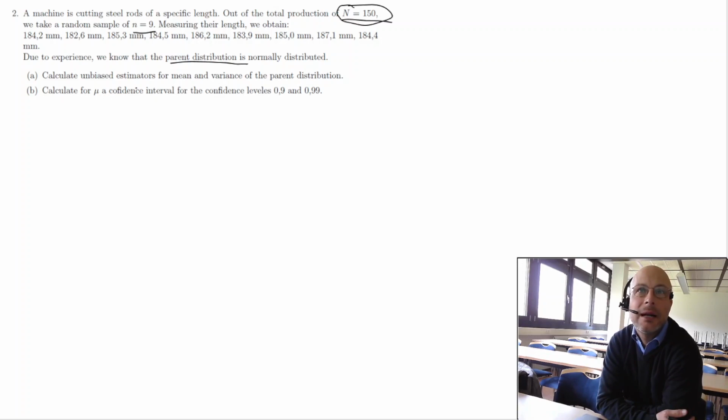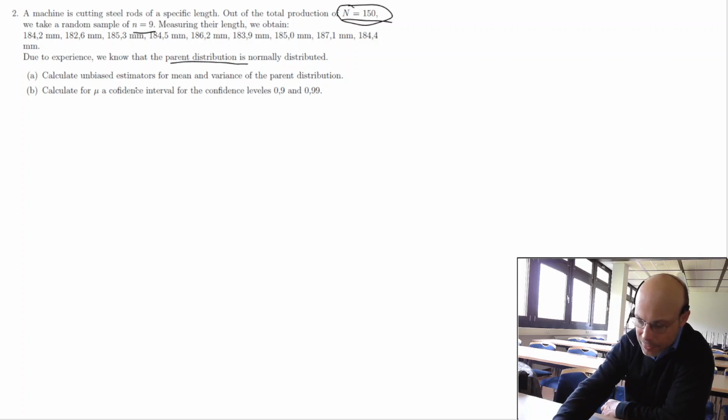But if our sample size is small, then there was this beer guy from the Guinness Brewery in the beginning of the 19th century, and he found out that especially for small sample size, we need the t distribution.